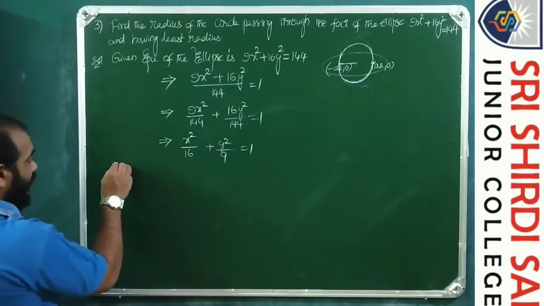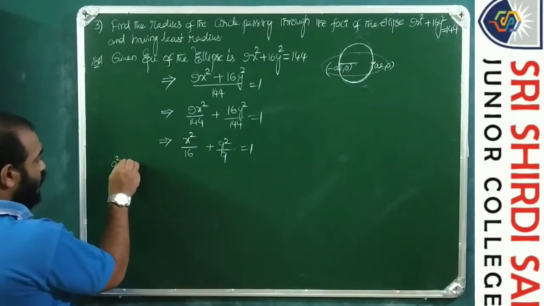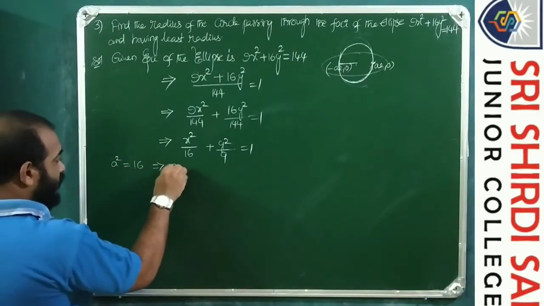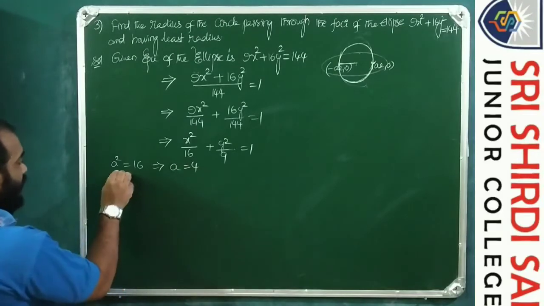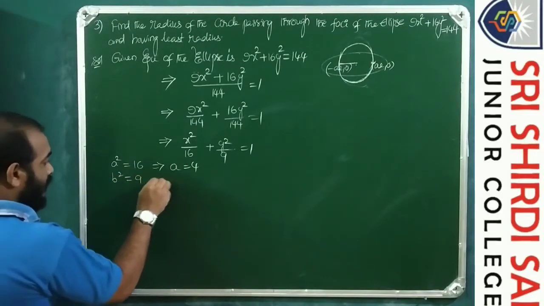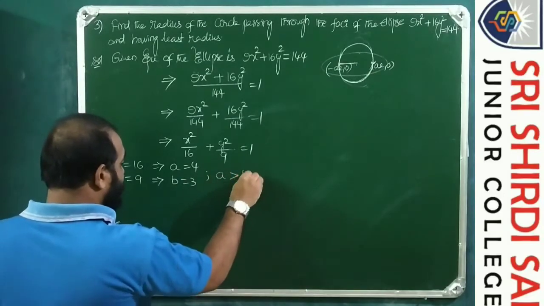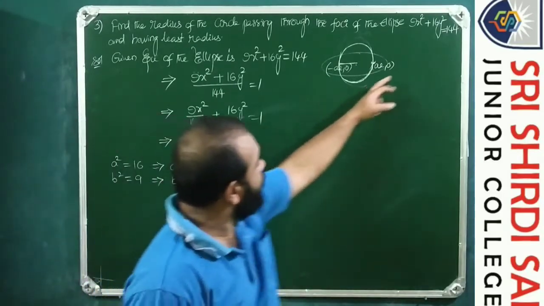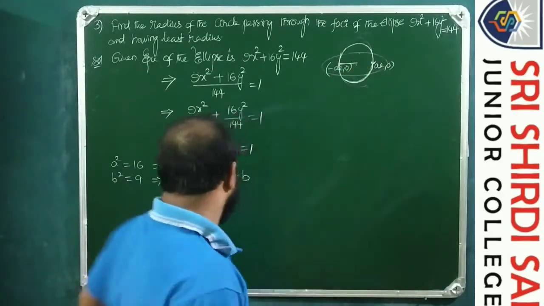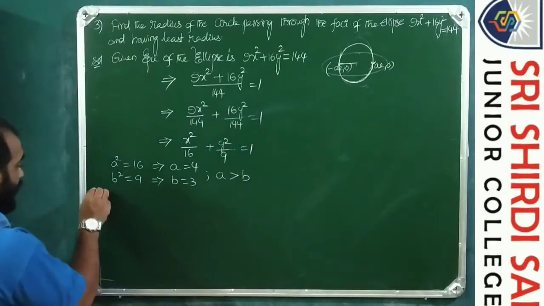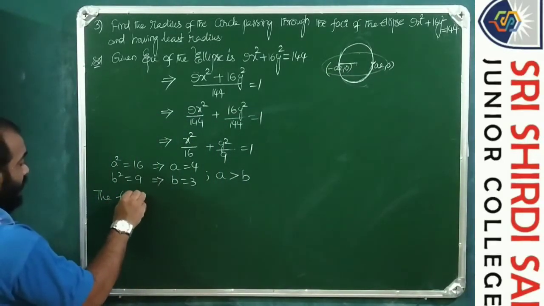So here a square is 16, a is equal to 4, b square equals 9, b is equal to 3, a is greater than b. Therefore the ellipse is this. Now the foci.